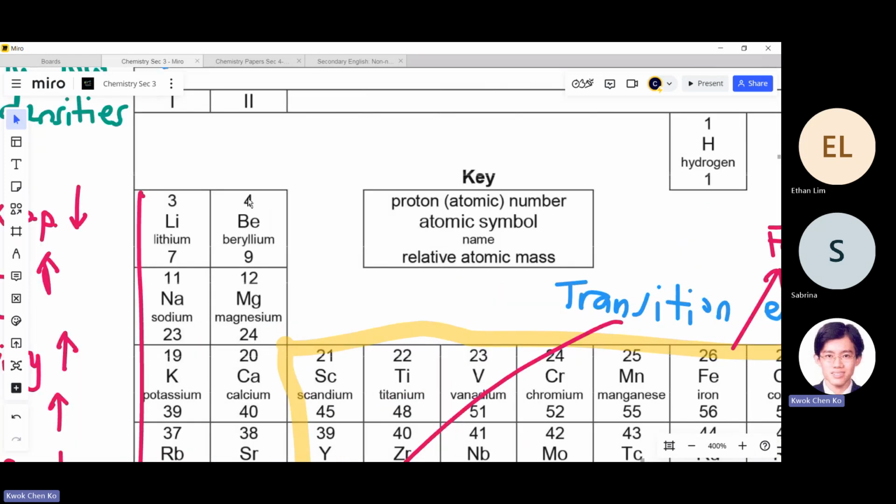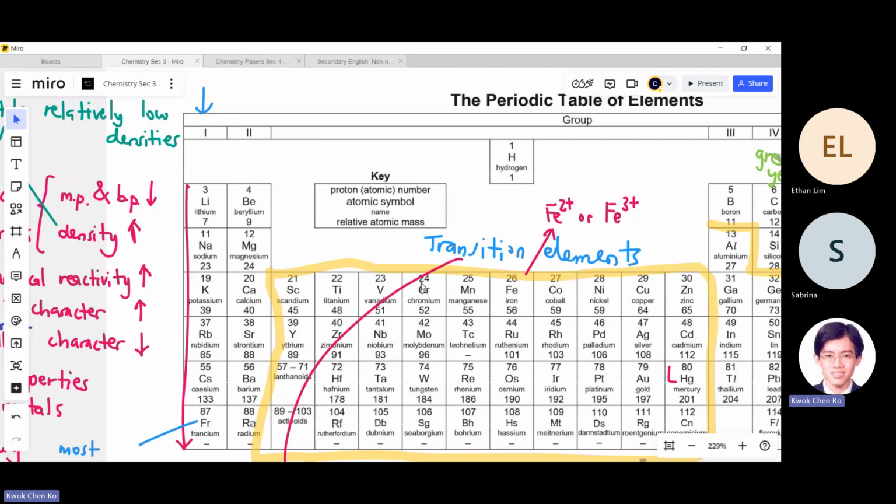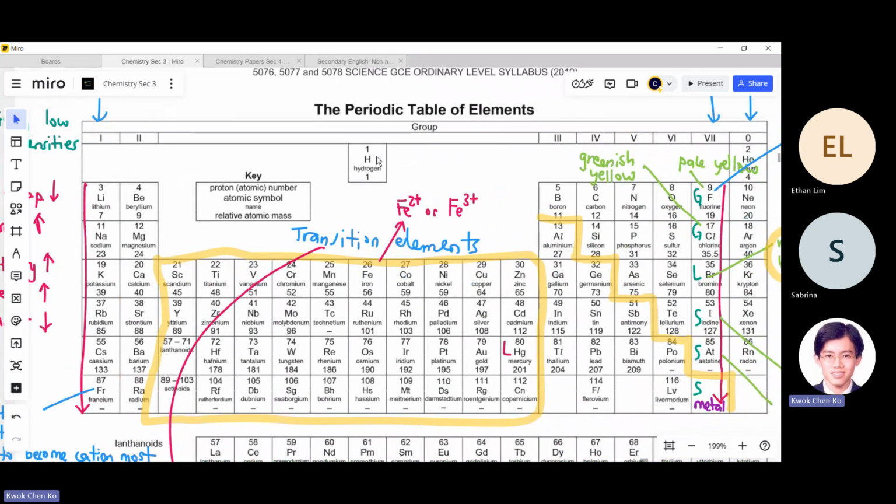The top number is the proton number, the atomic number. The bottom number is the relative atomic mass. If you look carefully, you start with 1, 2, 3, 4, 5, 6, 7, 8, 9, 10, 11, 12. That arrangement is based on proton number. So I repeat, the periodic table is arranged based on the proton number. It follows 13, 14, 15, 16, 17, 18, 19, 20, and so on.